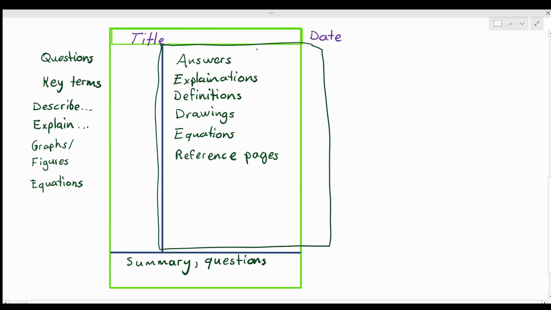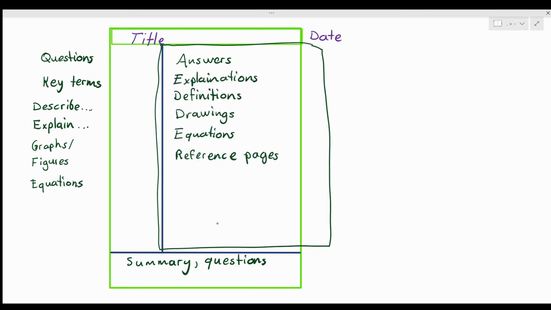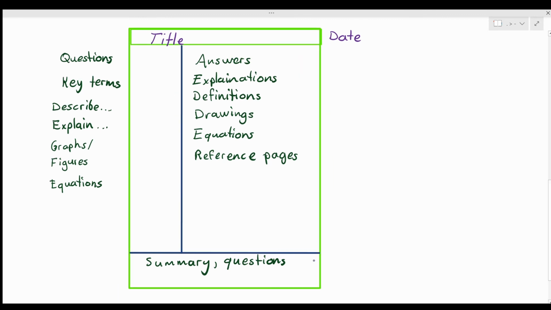So this is the Cornell note-taking style, and the note-taking style that I recommend for science courses that have multiple choice exams or true and false exams, okay? Because this note-taking style is going to prepare you really well for that by basically helping you make your flashcards and your notes at the same time.